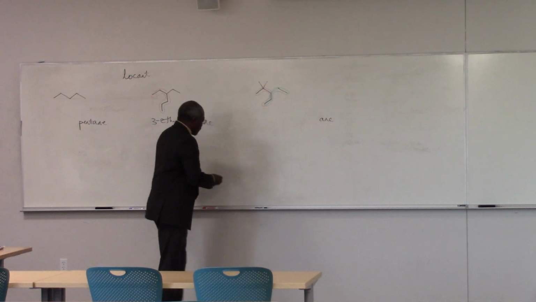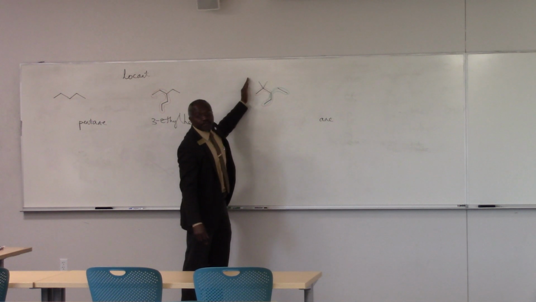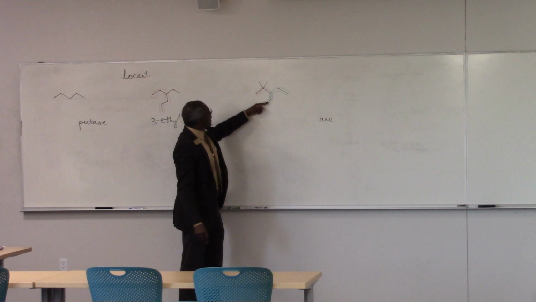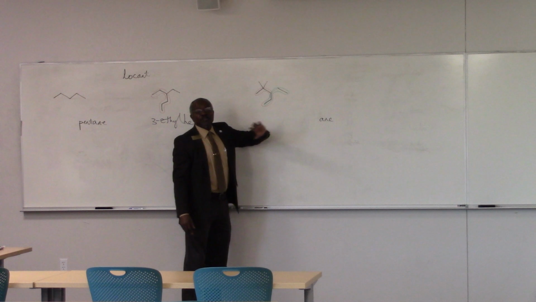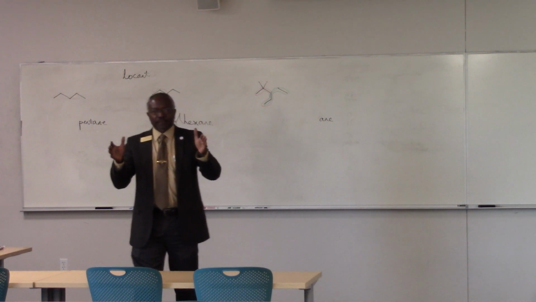If I pick the green one, I only have one substituent. If I pick the red one, I'll now have 1, 2, 3 substituents. So I want to pick the longest carbon chain.